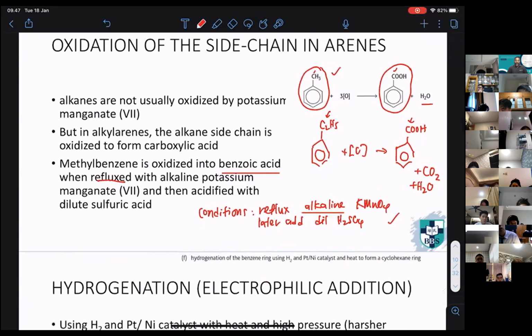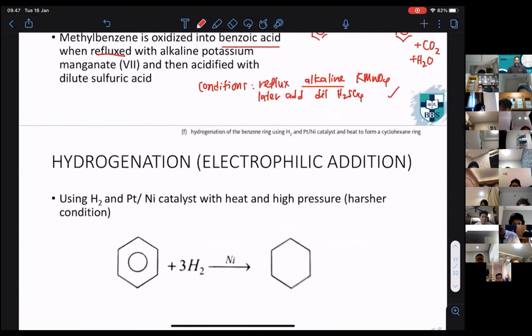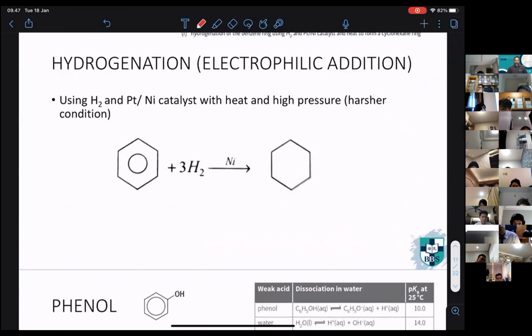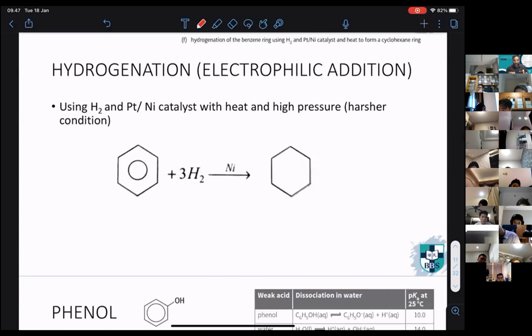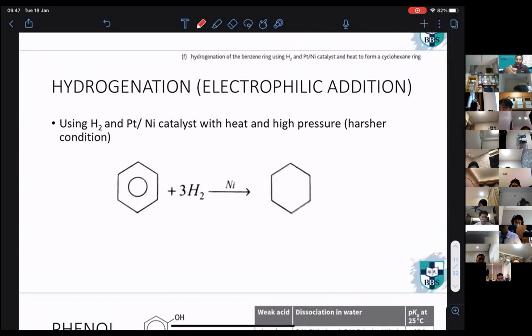The next part is the last reaction when it comes to benzene. I told you that benzene has delocalization of electrons in the ring, making it stable, and it does not undergo electrophilic addition reactions, because the benzene ring maintains the stability of the molecule.